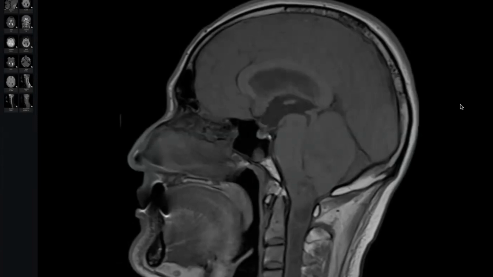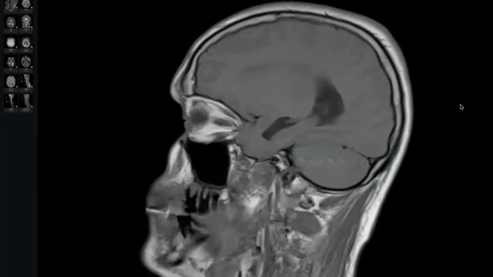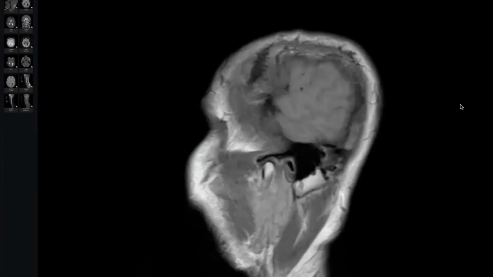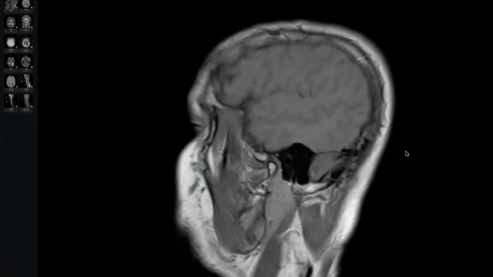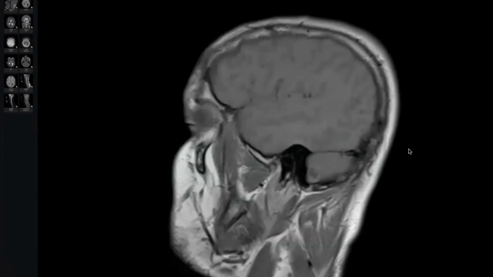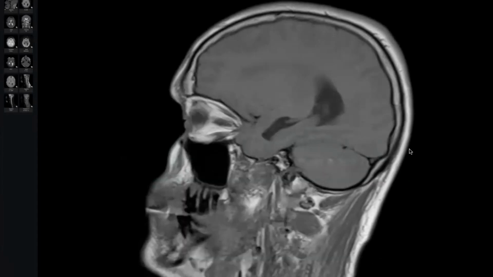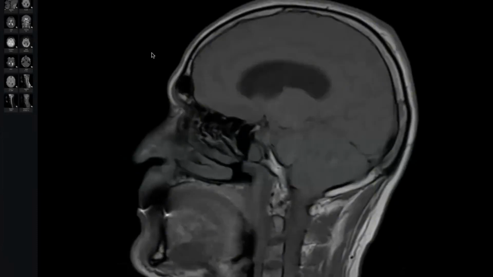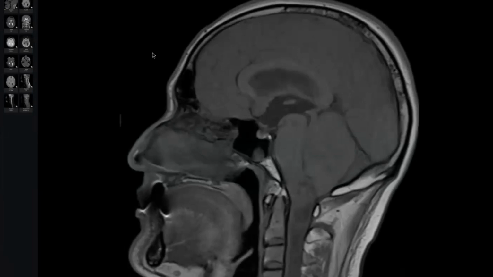I would like to see this on other sequences like T2. Okay, sir. So can I scroll? Sir, I want to see it on T2 as well for confirmation of the lesions that I have seen in the cervical cord, to see their characteristics, because I can see that there is also swelling and edema of the cord.